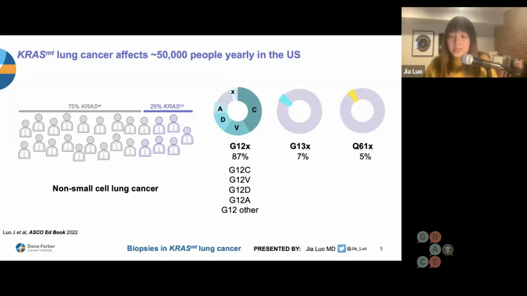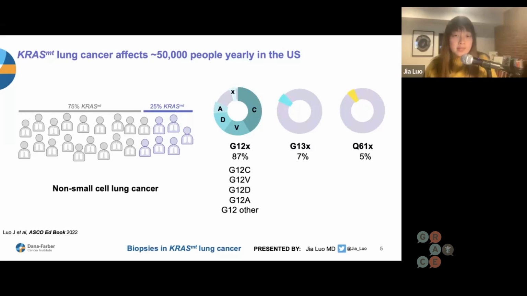The most common mutation is at position 12, known as KRAS G12C, which changes a glycine at position 12 into a cysteine. But you can see here that KRAS G12, G13, and Q61 are all forms of KRAS mutant lung cancer.